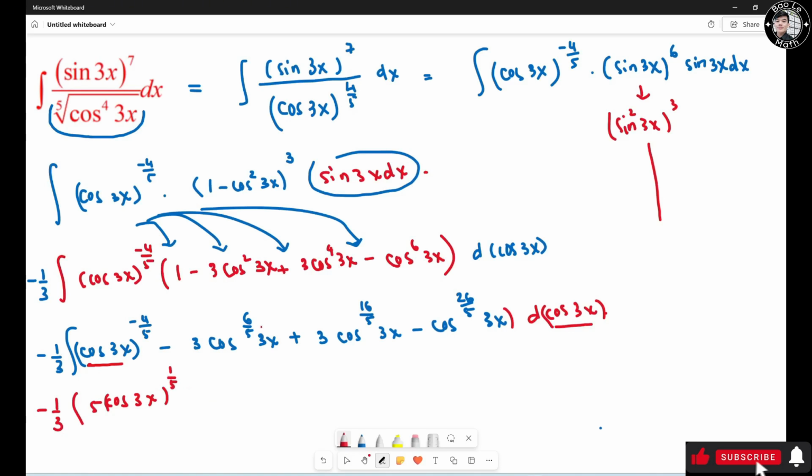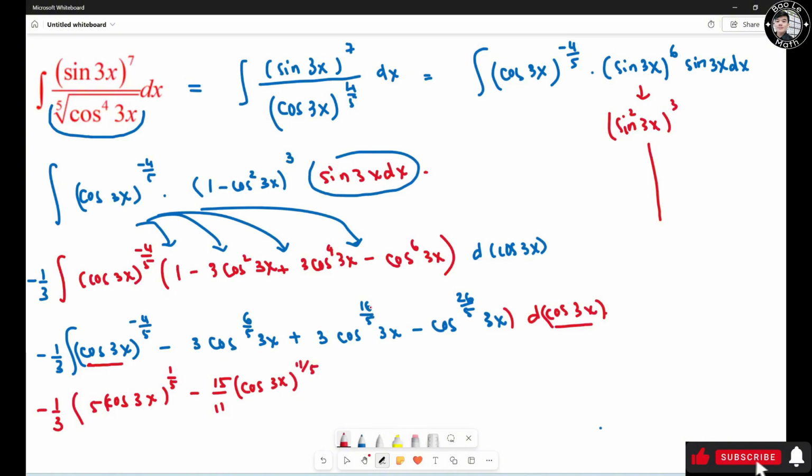This one, if I add 1, it's going to be 11 over 5. So when you divide by 11 over 5, it's going to be 5 over 11. So 5 times 3 is going to be 15, so minus 15 over 11 cosine of 3s to the 11 over 5.